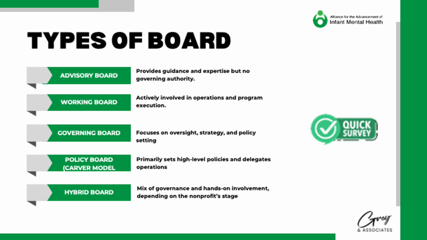Then you have the policy board, which primarily sets high-level policies and delegates operations. And sometimes you have what's known as a hybrid board, a mix of governance and hands-on involvement, depending on the stage of the nonprofit. And so you all might be sitting in a certain space right now based on where you are.